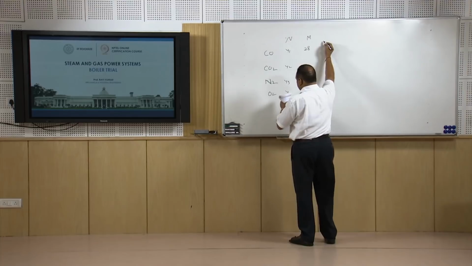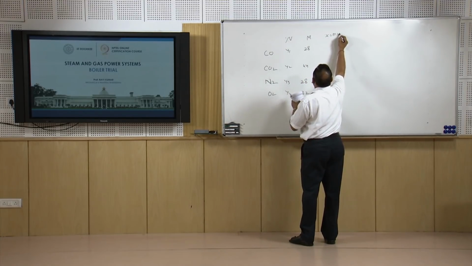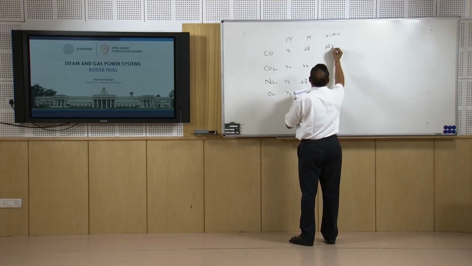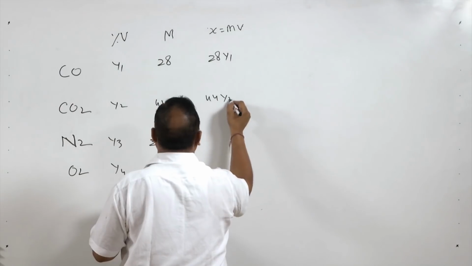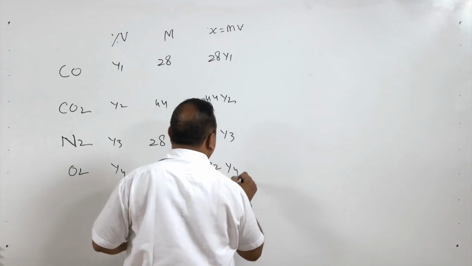So mass is equal to molecular mass times volume, and this will give you 28 Y1, 44 Y2, 28 Y3, 32 Y4.